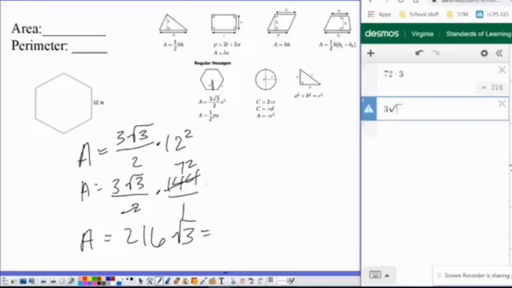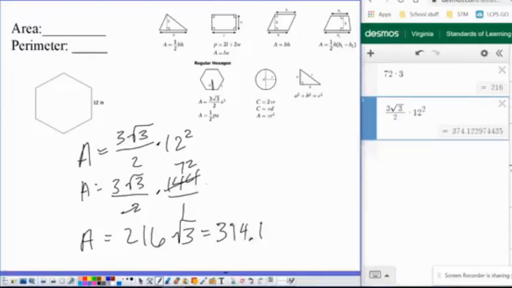Or if I just wanted an approximate answer, I could have typed the entire thing into the Desmos calculator and gotten my decimal approximation, which is 374.12. And the next number is a 2, which is too low to bump the 2 up to a 3.